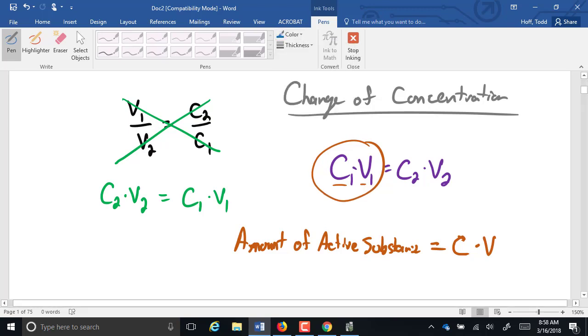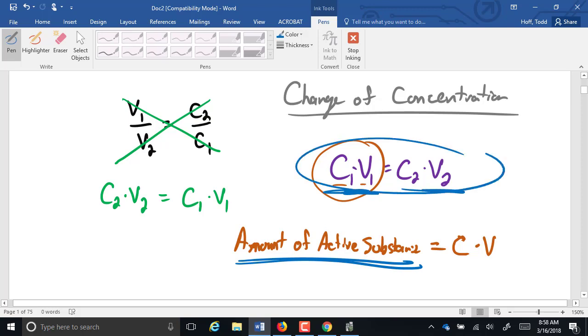So if all we've added is water, the amount of active substance hasn't changed. So that should be the same before and after we've added the water. So we can use that formula, C1V1 equals C2V2, to do the same thing we've been doing with those dilutions, just a little bit quicker.